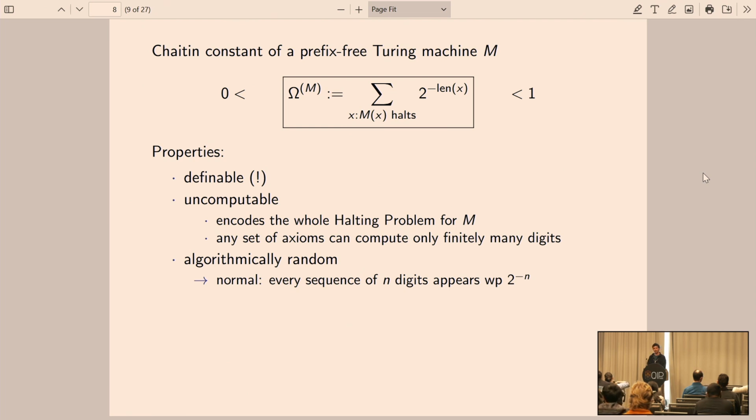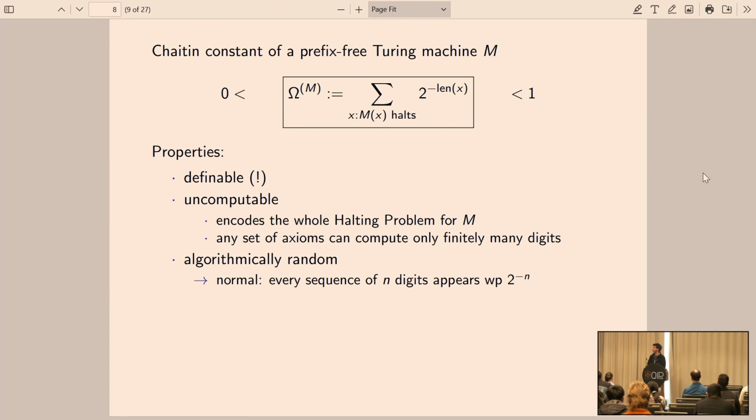And really there's something actually much stronger going on, which is that we could imagine being able to write down an uncomputable number such that you can compute infinitely many of the digits, and then infinitely many of them you can't. That's not what's going on here. This is stronger than that. Any set of axioms can compute only finitely many digits of this number.